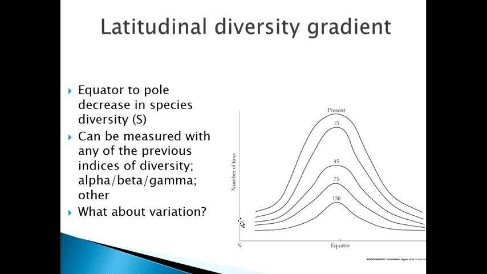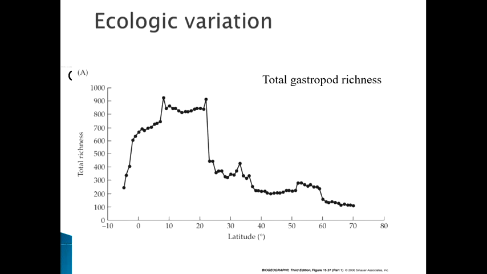You could plot up beta diversity here, could do all this other stuff, but before we get to that, I want you to think about, what about variation? So sometimes people take their data and look at variation in it. So here we're looking at a plot of total gastropod or snail richness by latitude, and this is the 0 degree latitude. This would be actually towards the North Pole, and so this is mostly Atlantic data, but also a lot of Pacific data.